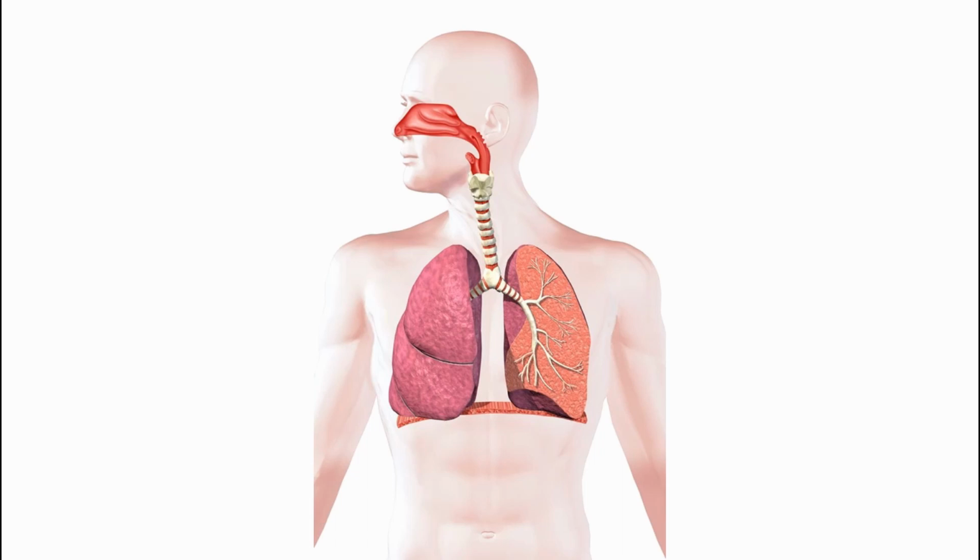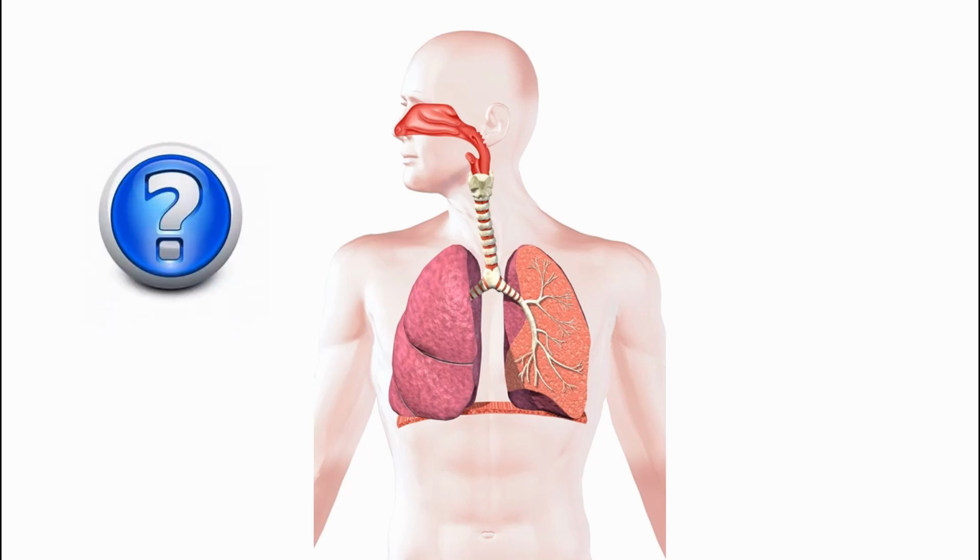This is an overview of the respiratory system. In the first part, we discussed how anatomically the respiratory system is divided, and for revision it is divided into upper and lower parts.